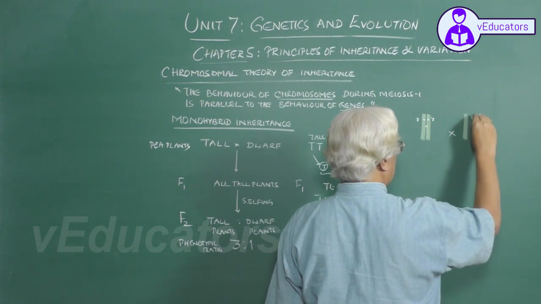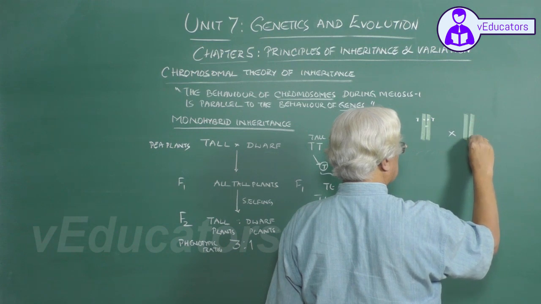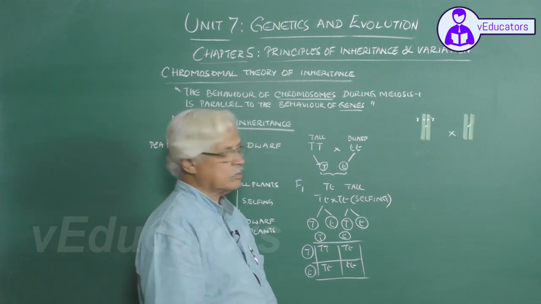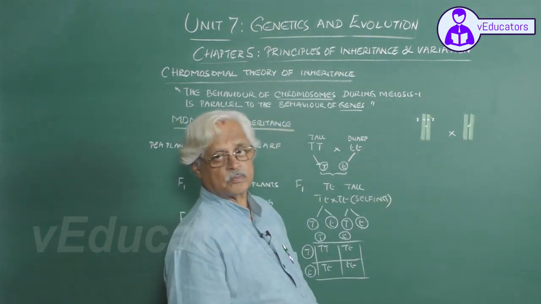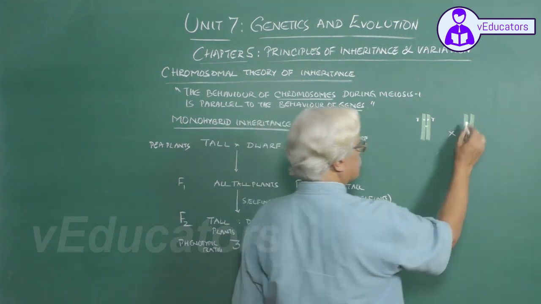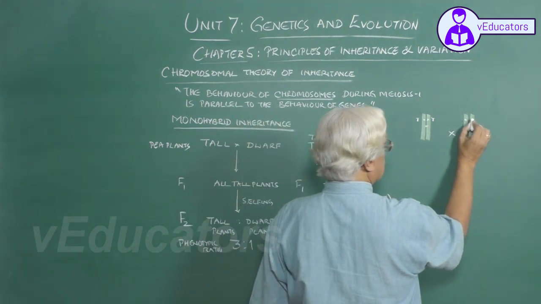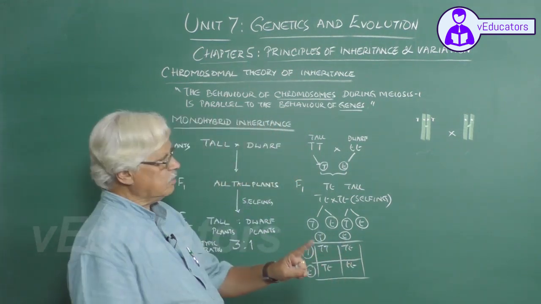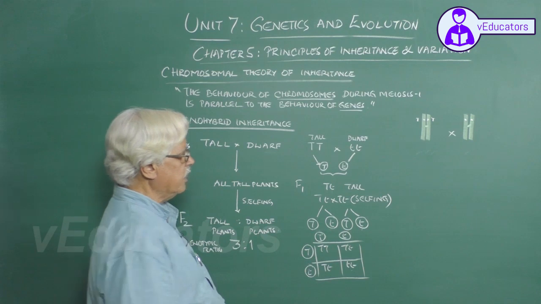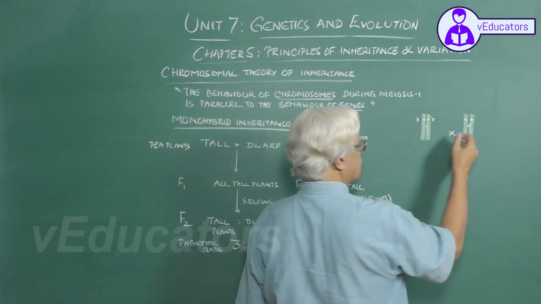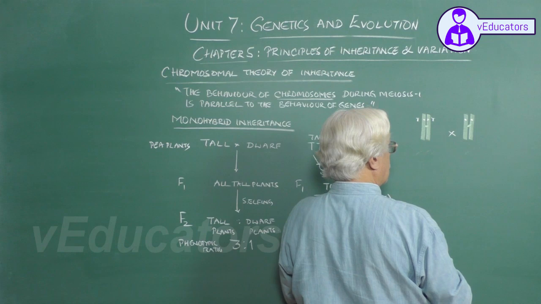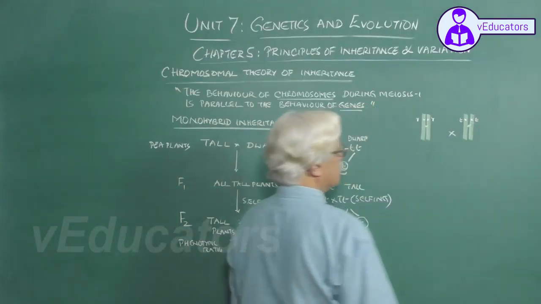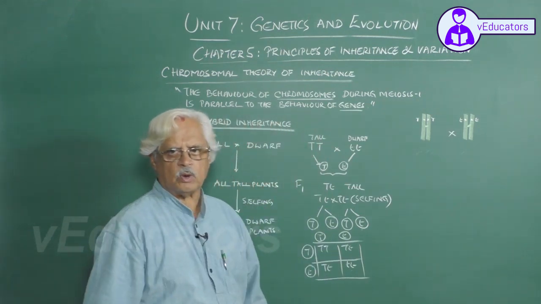In the dwarf plant also, the same chromosome in the same locus carries the alleles responsible for length of the stem. This is a homozygous recessive dwarf plant. So, in these loci it should have small t, small t.